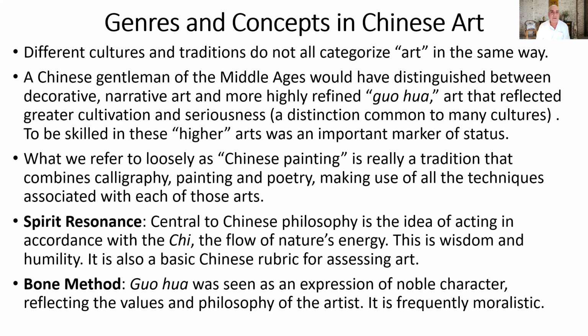So it's spontaneous, but spontaneous within the context of having a tremendously well-versed and well-trained hand. My main takeaway in terms of the question of genre is that when we look at what we call Chinese painting, we're looking at a genre that combines drawing, calligraphy, painting, and poetry.